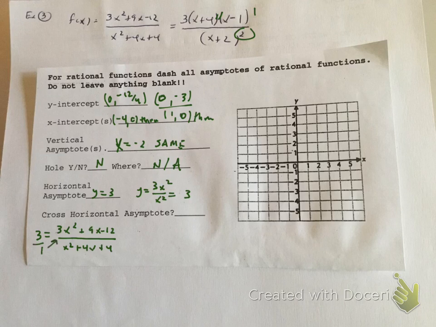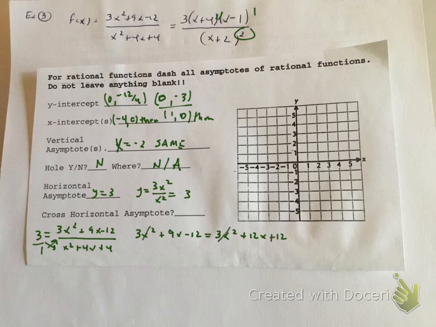So when I cross multiply, this first one stays the same, so I have 3x squared plus 9x minus 12. That's equal to, when I multiply this one, 3x squared plus 12x. When I multiply 3 times 4, this will be 12.